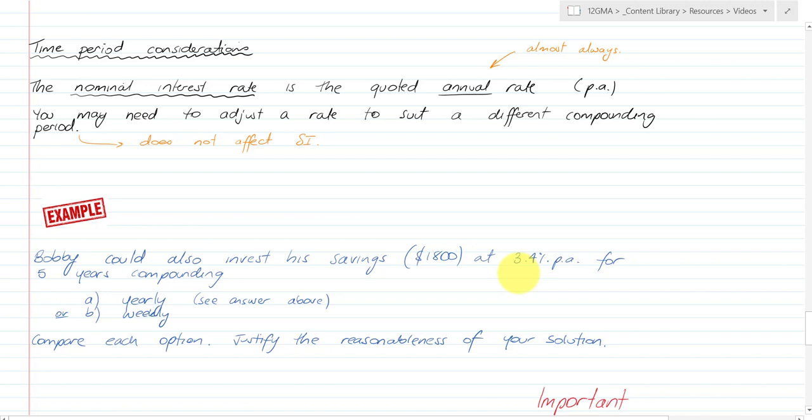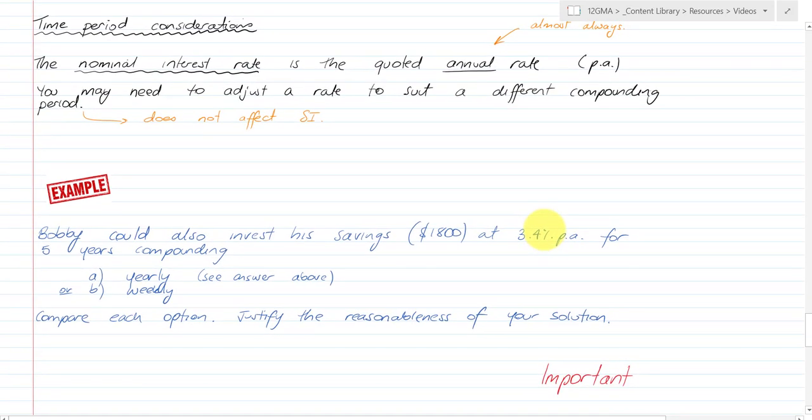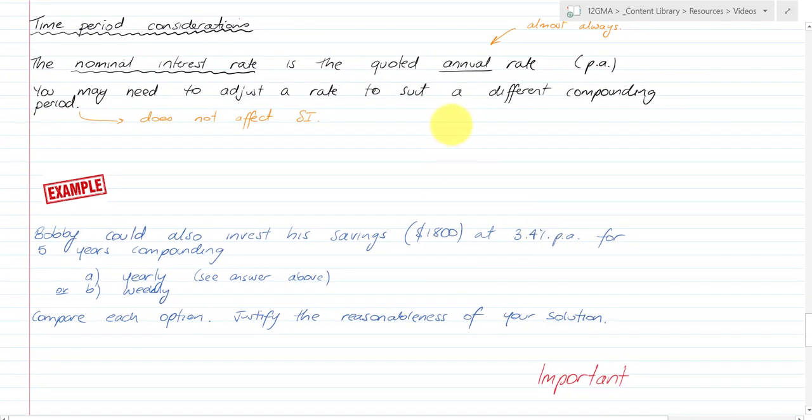You can investigate why if you'd like to, but essentially what happens is if we go from a yearly amount to a monthly amount, the principal will stay the same. The interest rate will be I over 100 as a decimal, but we have to divide that by 12 to work out the monthly interest rate, and n will be the number of years, but we now have to multiply that by 12 to work out the number of months.